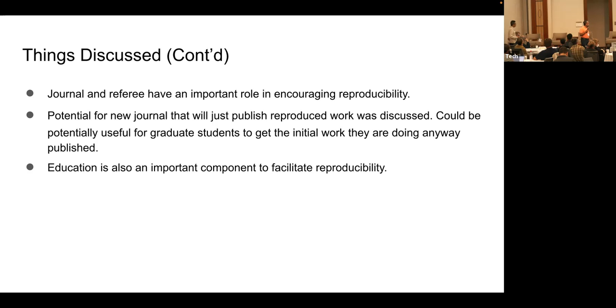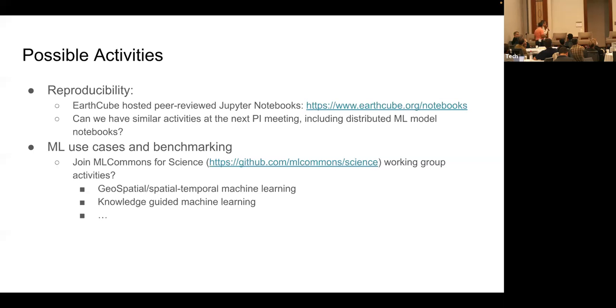And then education was also mentioned as an important component of reproducibility. We also discussed some of the future steps we could take, and we would talk about that as well. Yeah, next slide. So based on the discussion we had, we move on to what actually can be done by this community. But firstly, about reproducibility. We know EarthCube, as a funding program, hosts a peer-reviewed journal notebook.